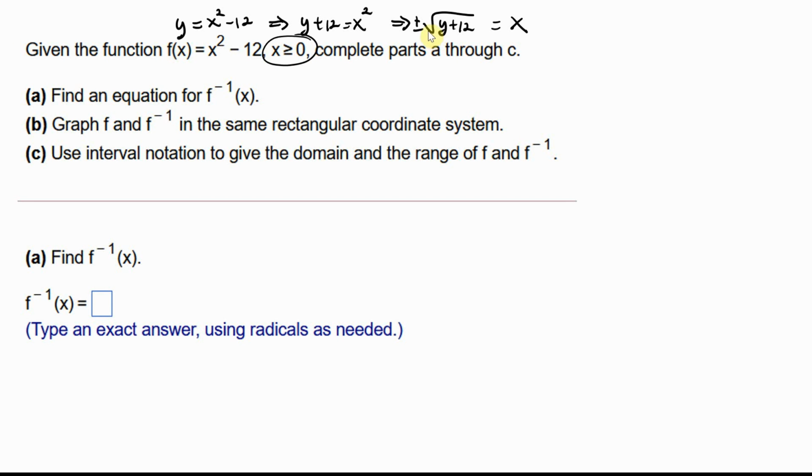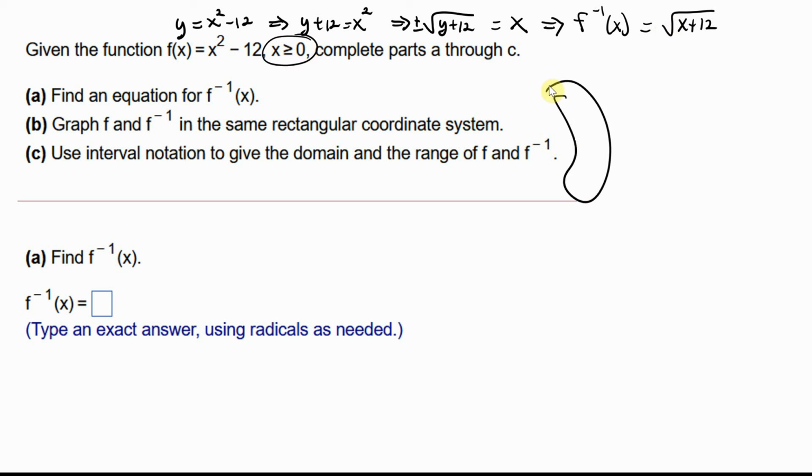That means that the range for the inverse had better be positive as well. This implies that we replace this x with f inverse of x is equal to just that square root of x plus 12. You gotta be careful with that, because they could take that same problem and write this as x less than or equal to 0. And then you have to pick negative in front over here.